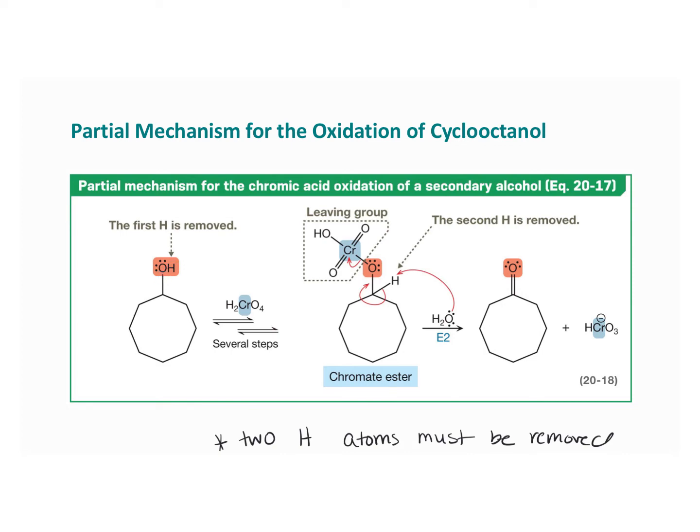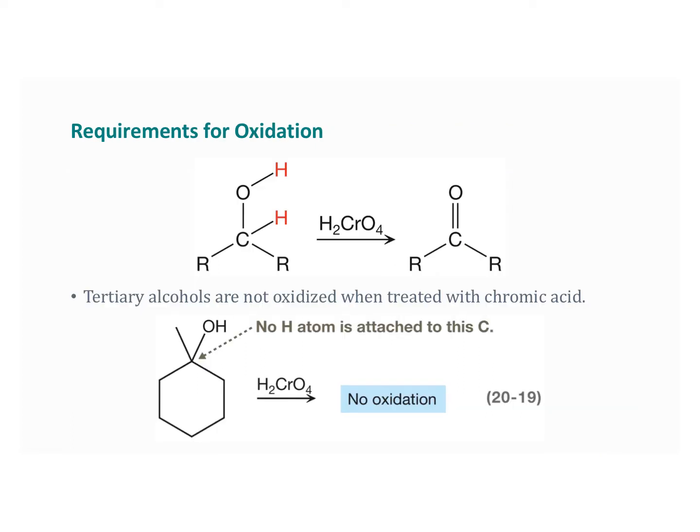So that means if you have a tertiary alcohol, a tertiary alcohol cannot undergo oxidation with the chromate. So, for example, notice here, right, we have to have this hydrogen be removed. A tertiary alcohol has no hydrogen attached to this carbon, so there's really no way it can be removed.